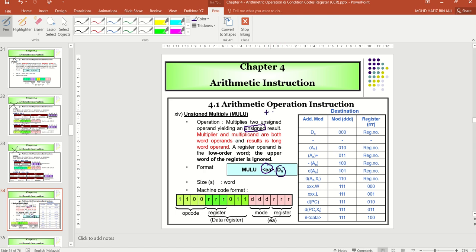So positive multiplied with positive will get a positive value. Multiplier and multiplicand are both word operands, so it needs to be conducted in such a way: word times word, and then we'll get the value of a long word. This is the opcode, this is the operand.